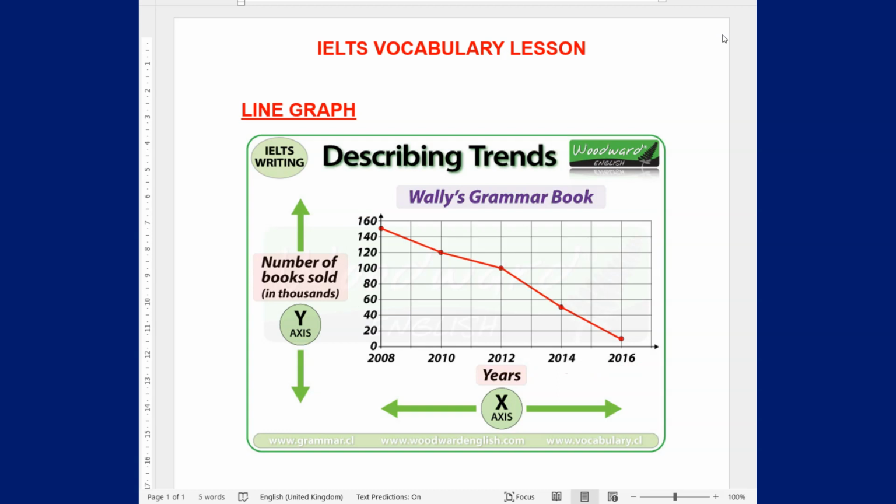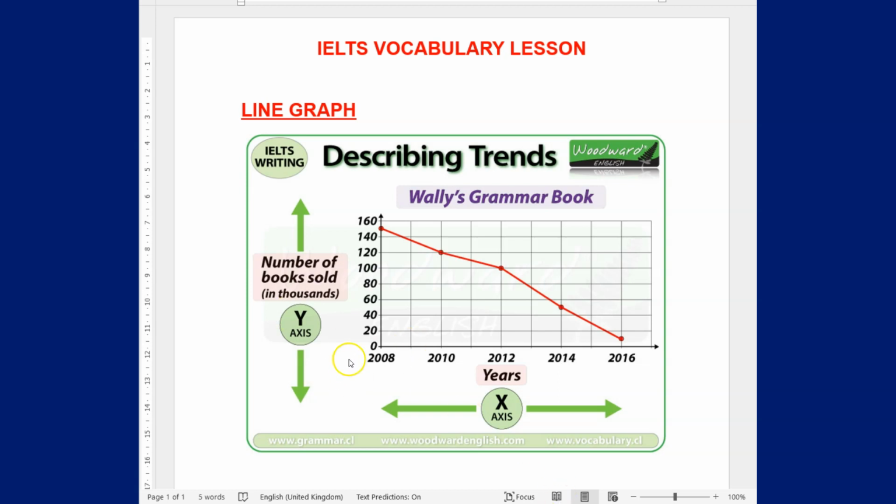The vertical side, the y-axis, gives us the information on the vertical, and the x-axis gives us the horizontal. So it's very important that you read what is on each one of them and what they actually contain in order to understand every part of the graph.